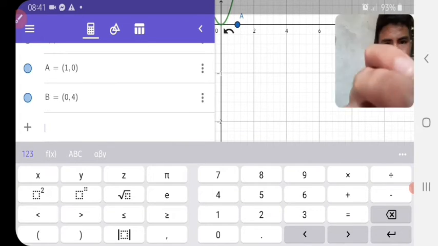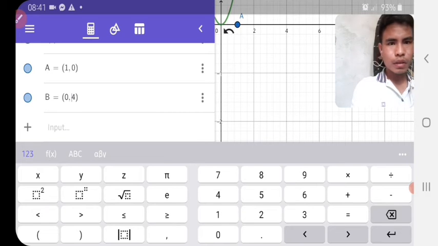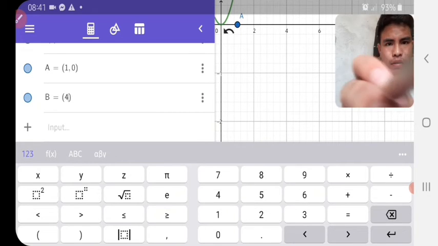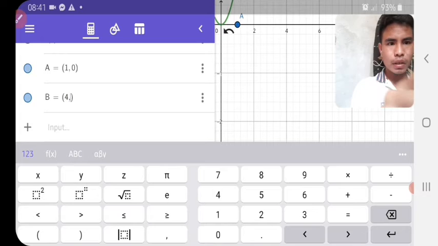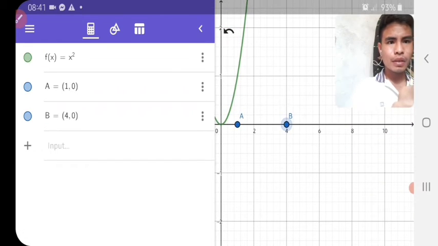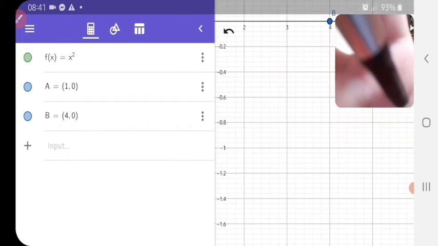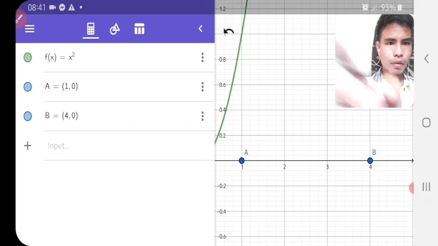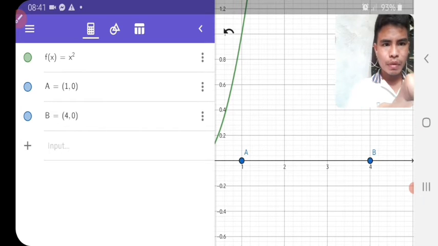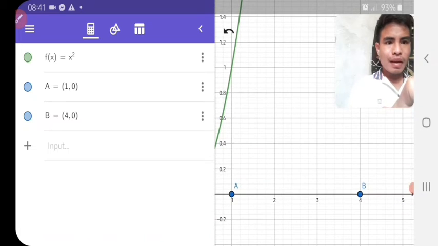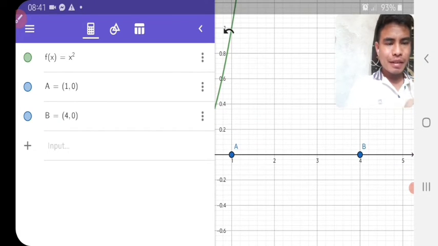We're going to zoom it out. Our A point is here, and our B point is the 4 on the x-axis.